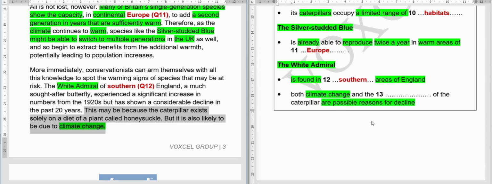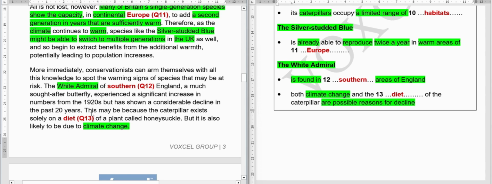Okay, time's up. What I'm going to do is write the answer here, and the answer is diet. Let me mark here first. Here they're saying this may be because the caterpillar exists solely, when you say solely it means only, on a diet of a plant called honeysuckle.